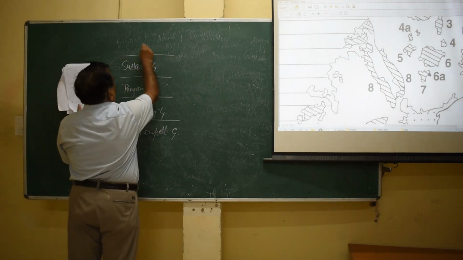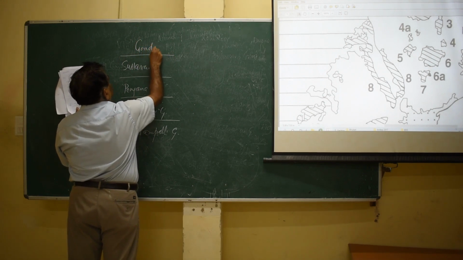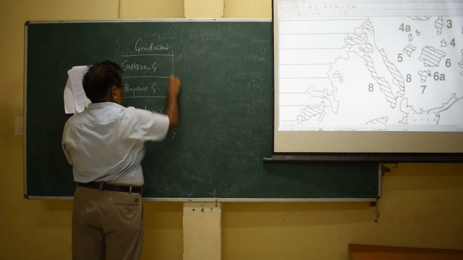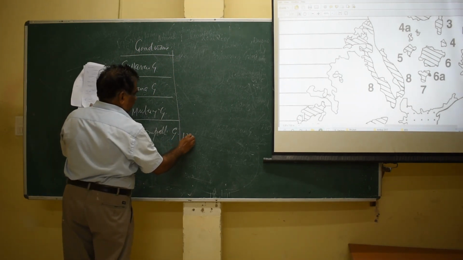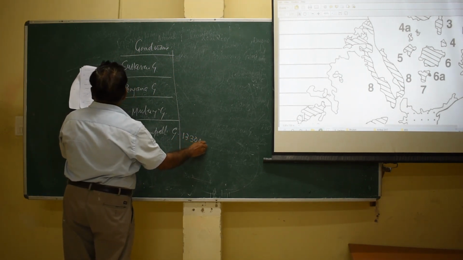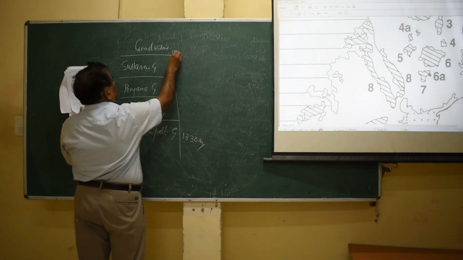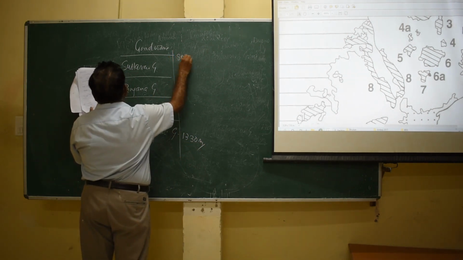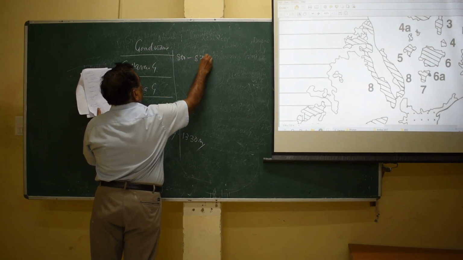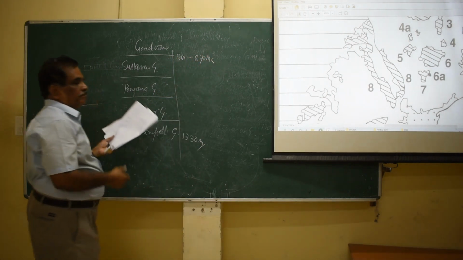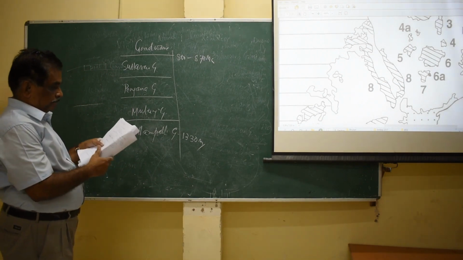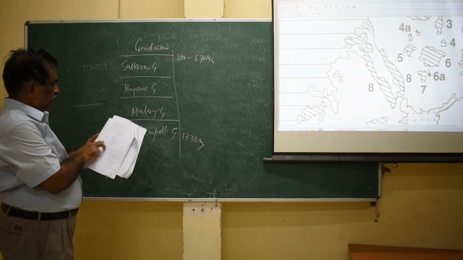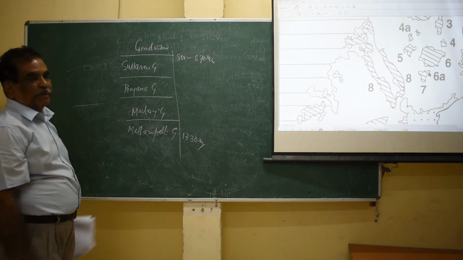Over that you have Gondwana. Over that Gondwana is deposited. Now the base is, here they are writing 1330 million years, and the top part, people say, 800 to 870 million years. So these two things you remember.